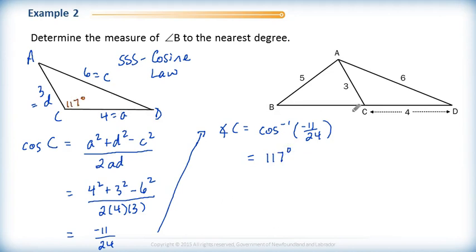So that's 117 degrees there, which means in our original diagram, that's 117 degrees right there, which means that this angle must be 180 subtract 117. So angle ACB equals 180 subtract 117 because they make a straight line, and we've got 63 degrees there for that angle.